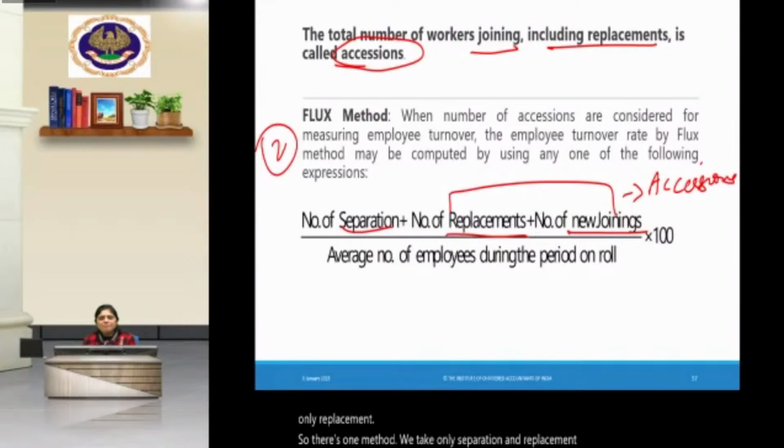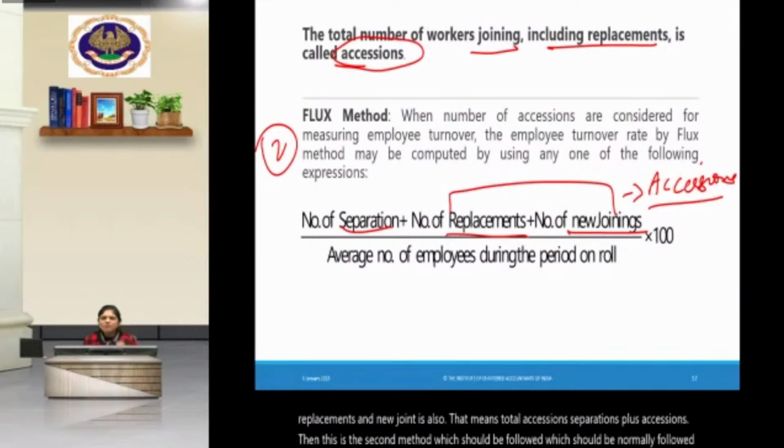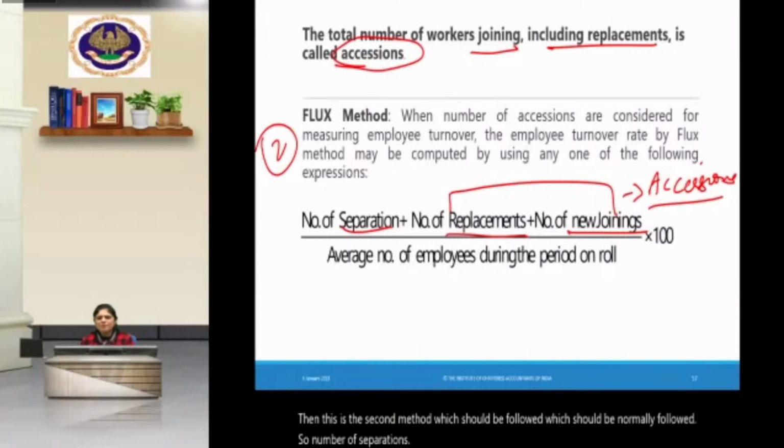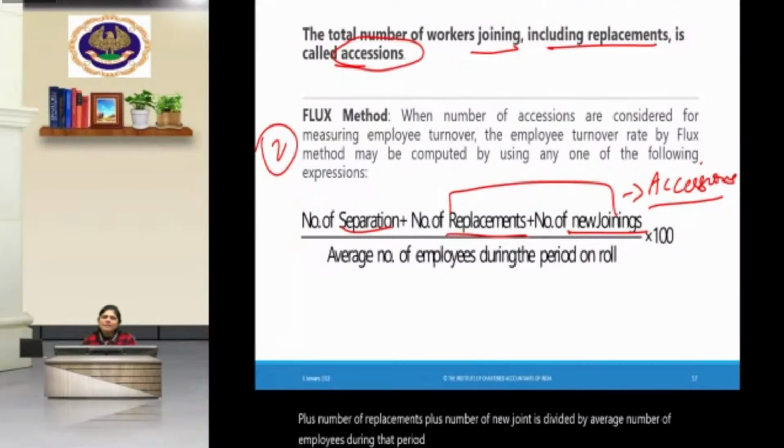When we take separation, replacement, and new joinees also, that means total accessions. Separations plus accessions is the second method, which should normally be followed. So the number of separations plus replacements plus new joinees, divided by the average number of employees during that period, into 100. That is the flux method.